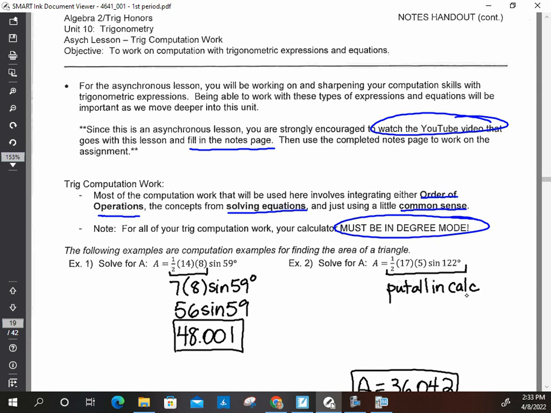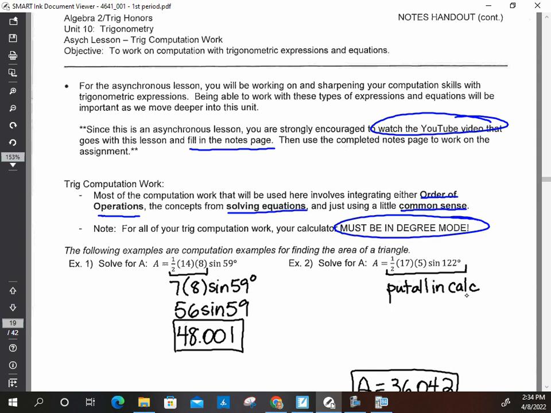These are things that you will be learning and using more in depth when we do law of sines, law of cosines, and the area of a triangle, which will come after we finish up SAT, PSAT, and the Easter holiday. So it is your responsibility to watch the YouTube video.